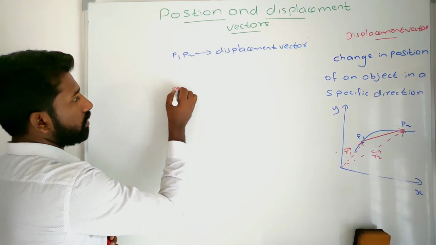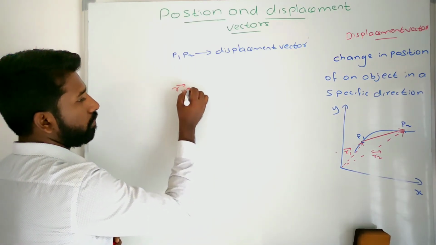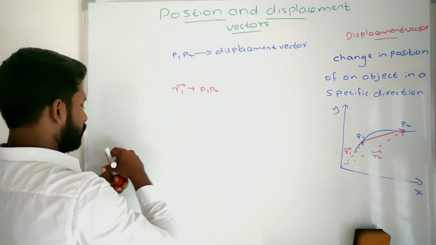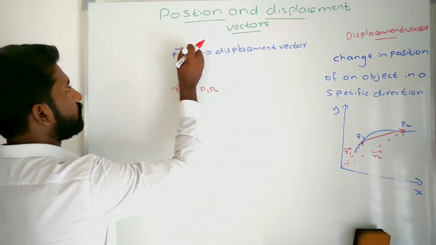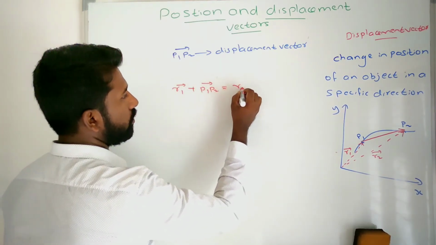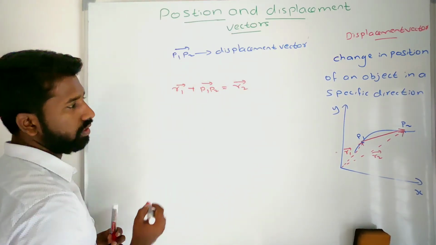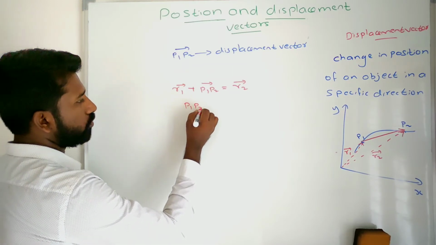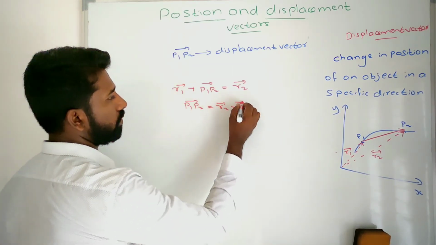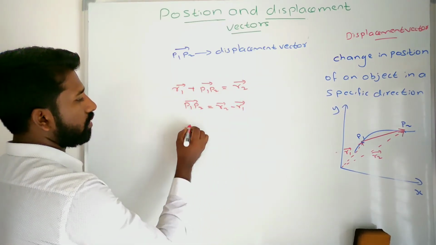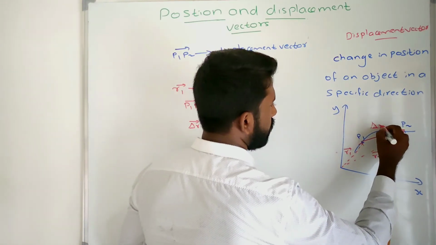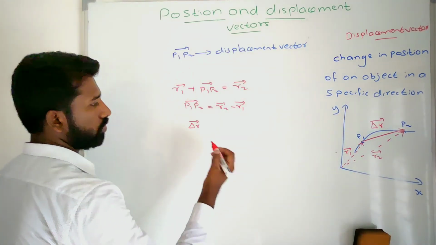So R1 plus the vector P1P2 is equal to R2. Then P1P2 vector is R2 minus R1. I take this as delta R, the change in position.